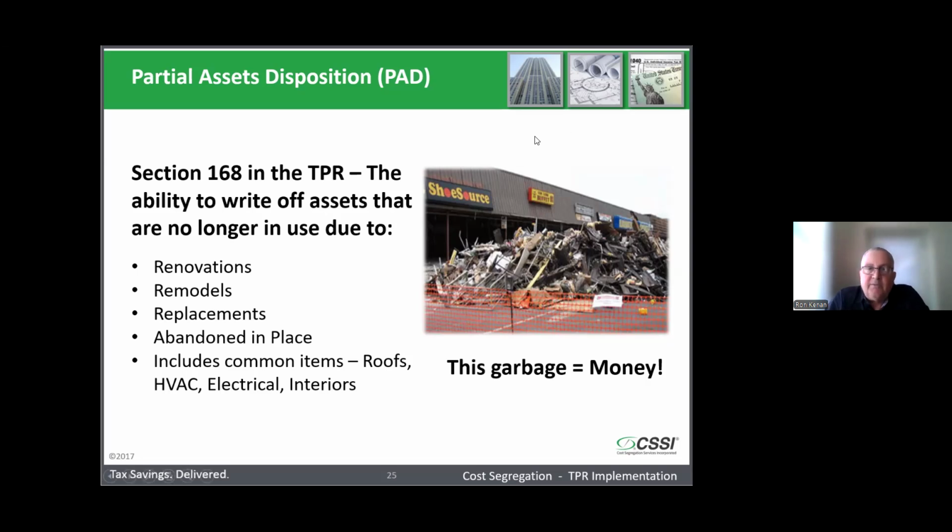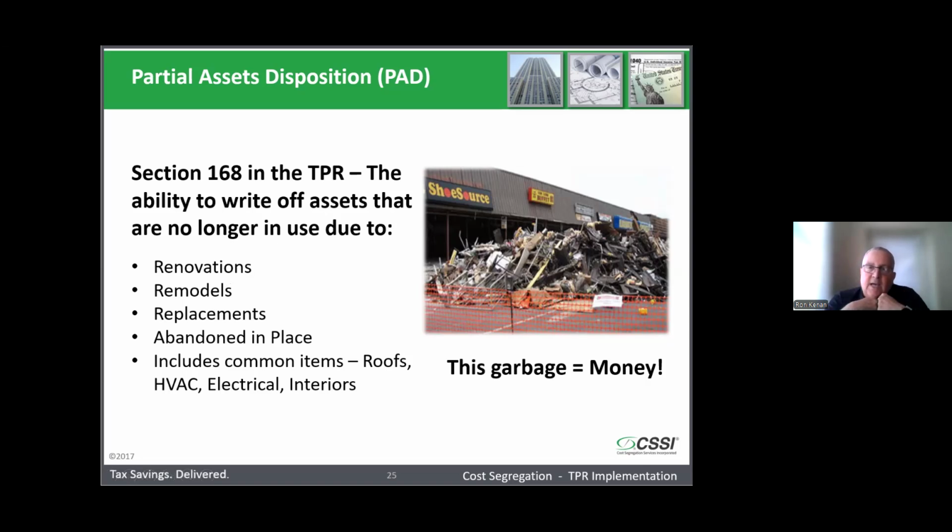Well, guess what? If you do cost segregation on the property before renovating it, and you assign value to different components, it could be the carpeting, it could be dividers, doors, windows, electrical, whatever you put out here has a value in the book.